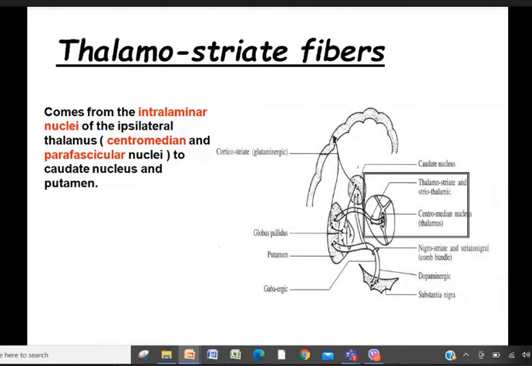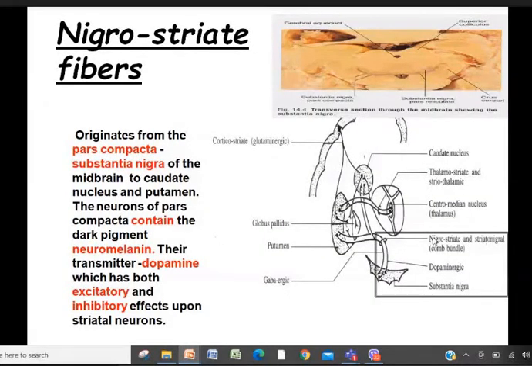These are thalamostriatal fibers. Now from the substantia nigra, it originates from the pars compacta of the substantia nigra of the midbrain to the caudate nucleus and the putamen. Neurons of the pars compacta contain neuromelanin, as discussed, and their transmitter is dopamine.